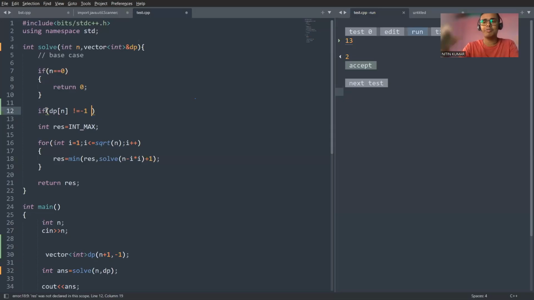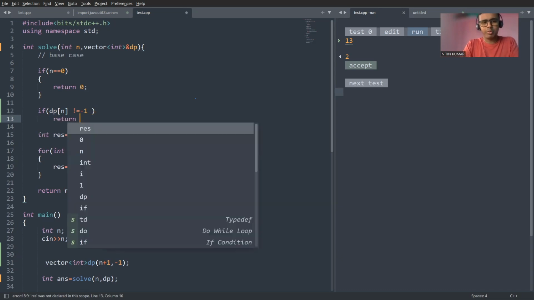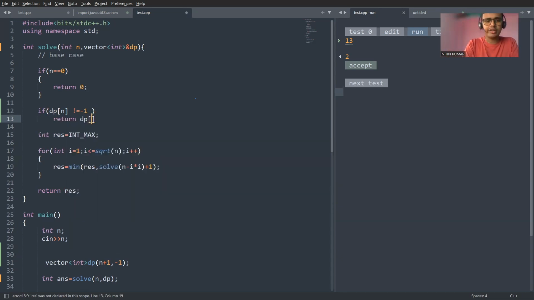That means if the value we are checking in the DP array is not minus 1, we already performed that value earlier and we got that value. So we don't have to perform the same operation again. Just return whatever you stored, because you already performed the operation.